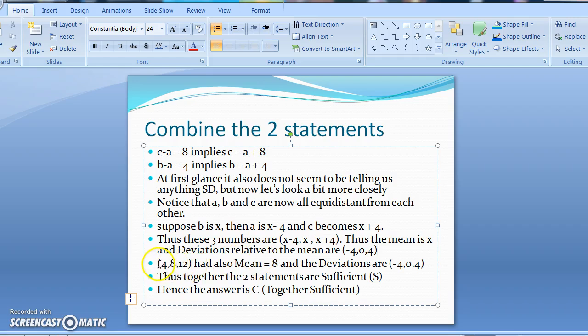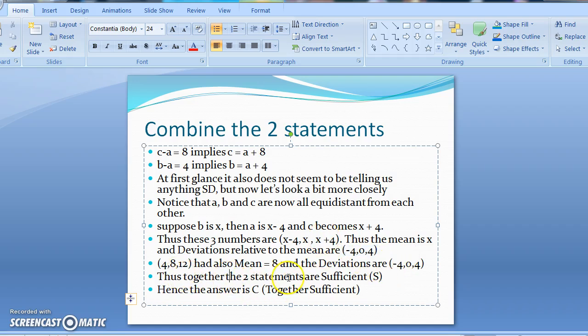Because we know that 4, 8, 12 also has the same deviations, minus 4, 0, 4. This set also has the same deviations, minus 4, 0, 4. There are 3 elements in it, and here also there are 3 elements, and therefore we know that the two will have the same SD.